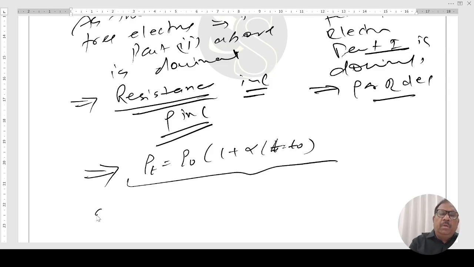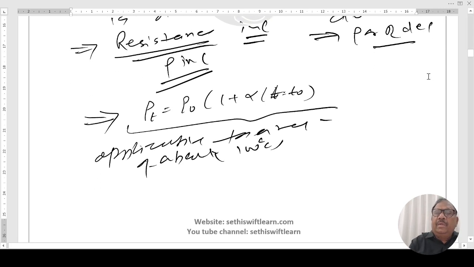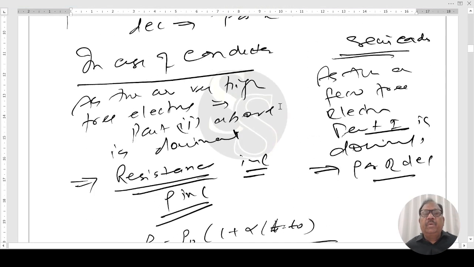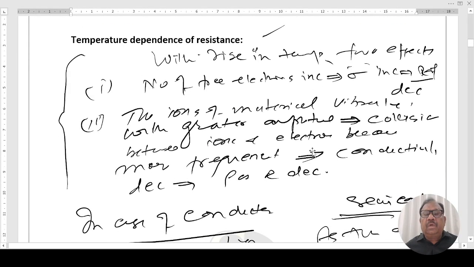This formula is applicable for a range of about 100 degrees centigrade, right? And T naught is between 0 to 25 degrees centigrade, right? This is regarding the temperature dependence of the resistance, right? Now, let's start the question.